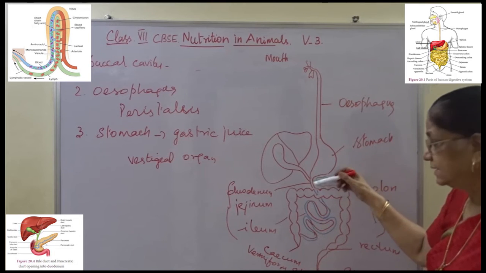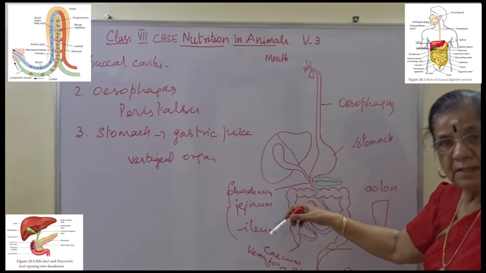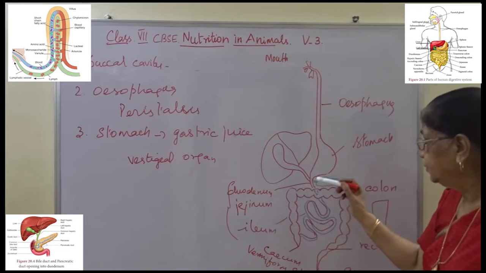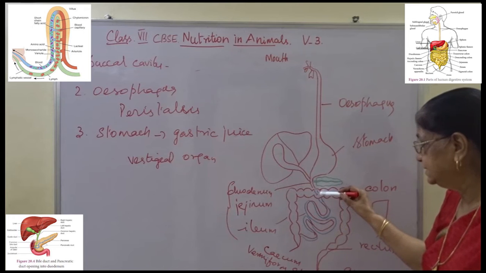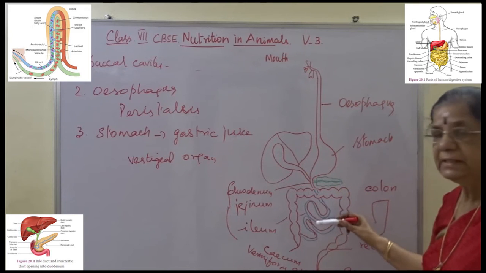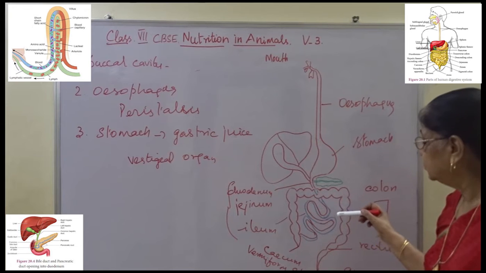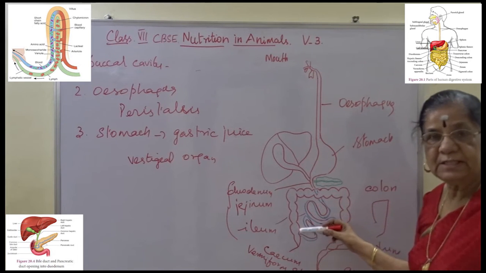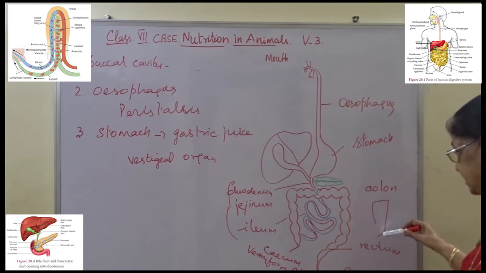The small intestine has three regions: duodenum, jejunum and ileum. The U-shaped portion is called the duodenum. This is the jejunum and these are all ileum. These three together form the small intestine. This small intestine continues as the large intestine, the colon with its J shape, the rectum and anus.